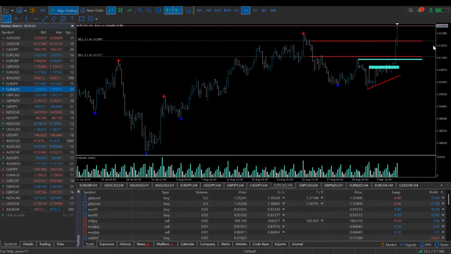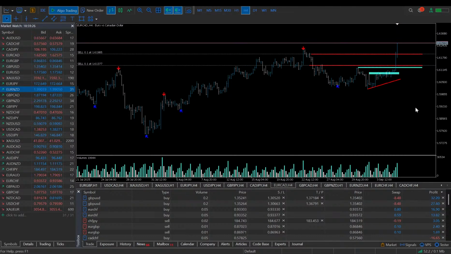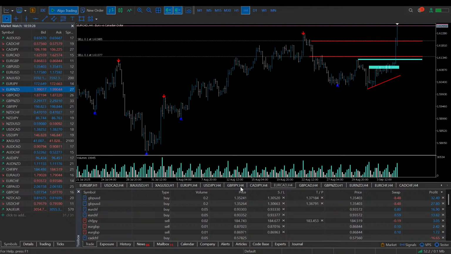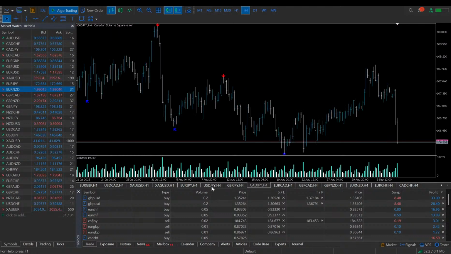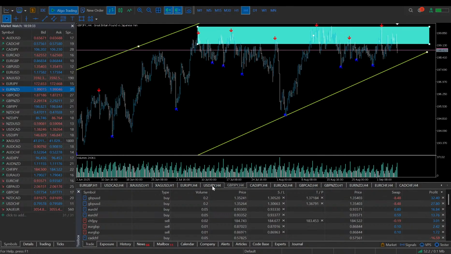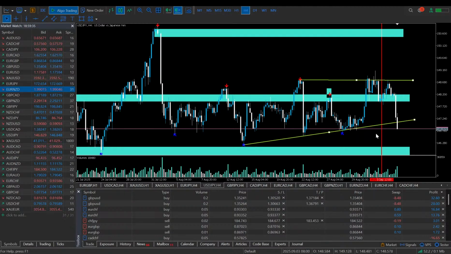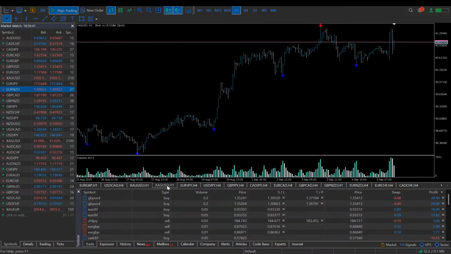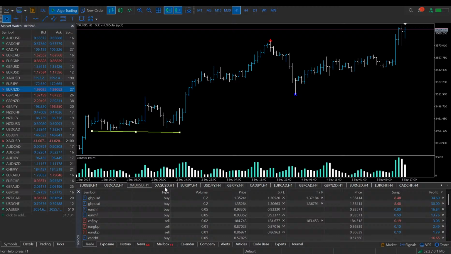Euro CAD will remain this way. I will not touch that because that one was already calculated, and the rest I'm going to leave for now, until next week before I make an attempt.